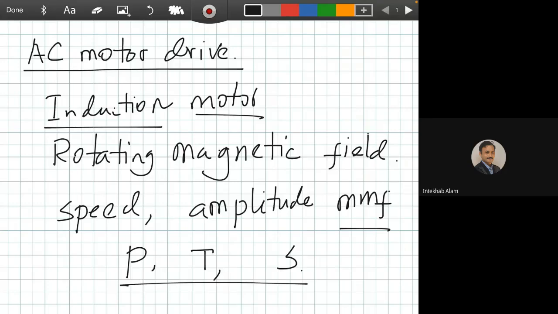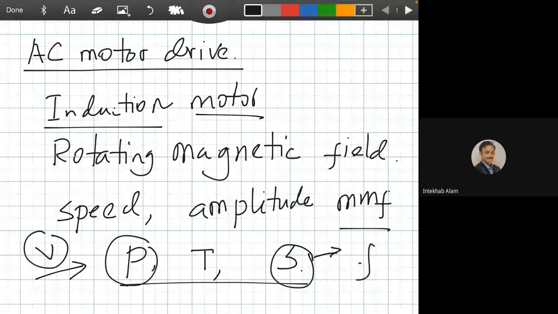The basic principle of changing this power is the voltage, and the speed is with frequency. So changing the voltage and frequency, we can control the input power and so the output power, and we can control the torque and the speed.